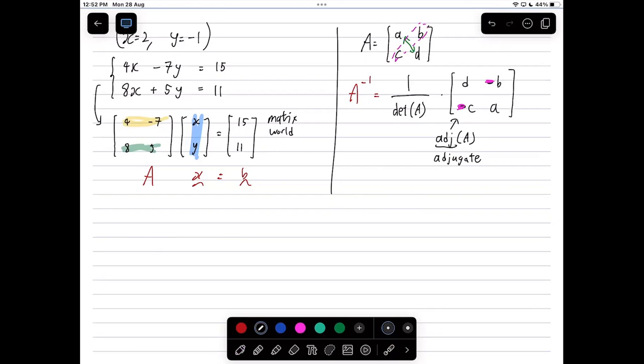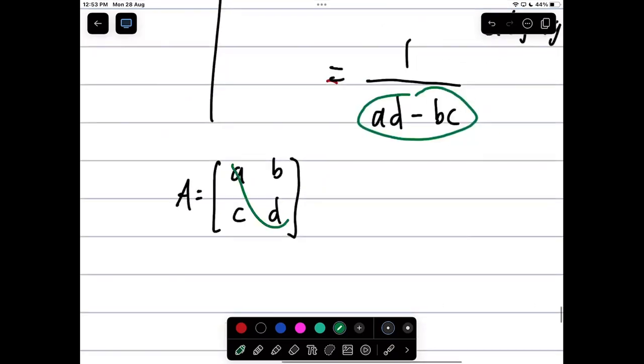But what is determinant of A? I'm also gonna spare you the details. There's a full definition that requires a lot more work. I will just tell you the 2x2 version. So for the 2x2 version, the determinant of A is really just A times D minus B times C. And how do you get this? It's really just from the coefficient matrix, or just matrix A. You take this order.